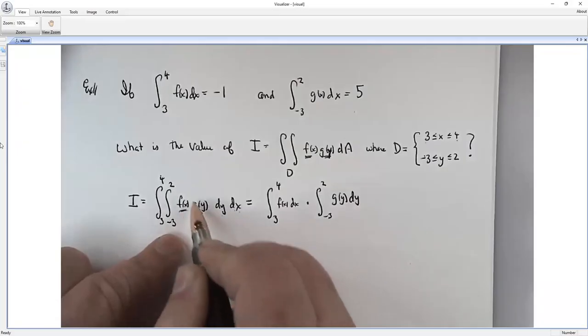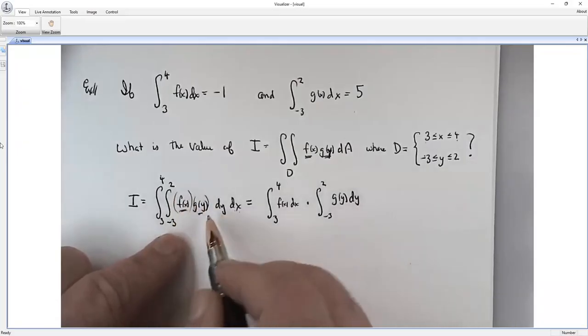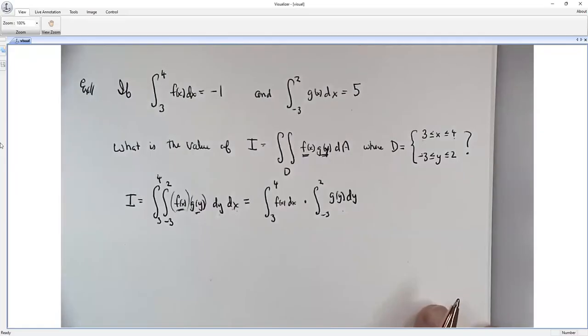Because it's a product, things of x times things of y, you can break up the integral. It's a very special case, only works when you have an actual product. Does that make sense?